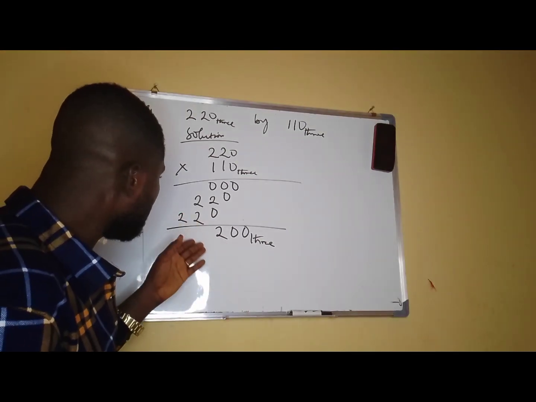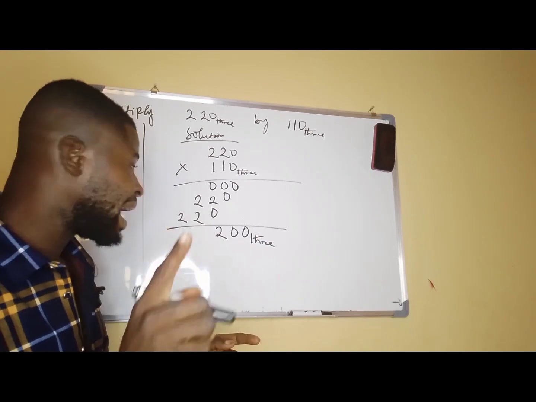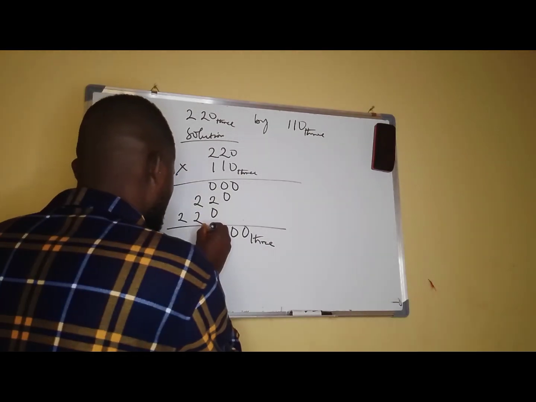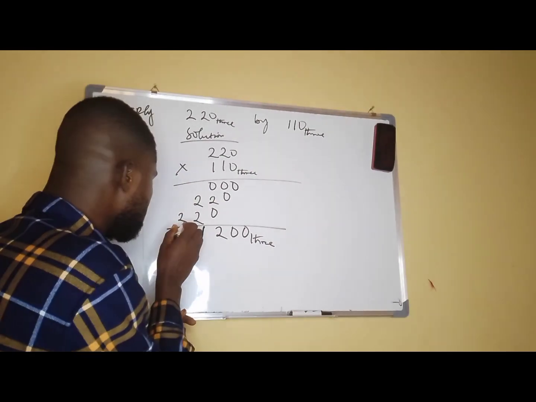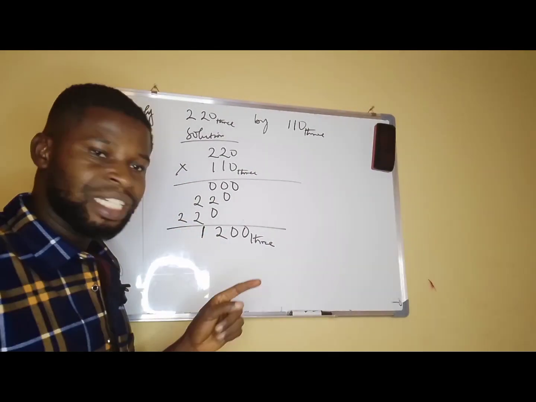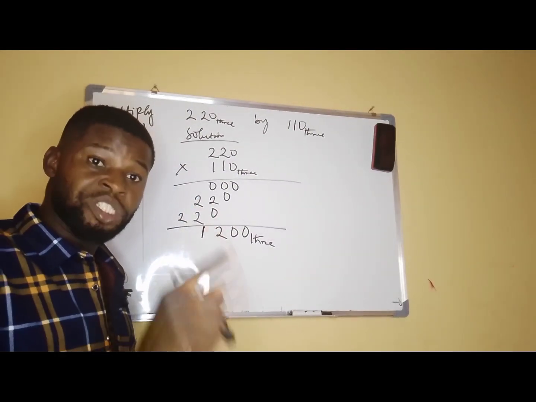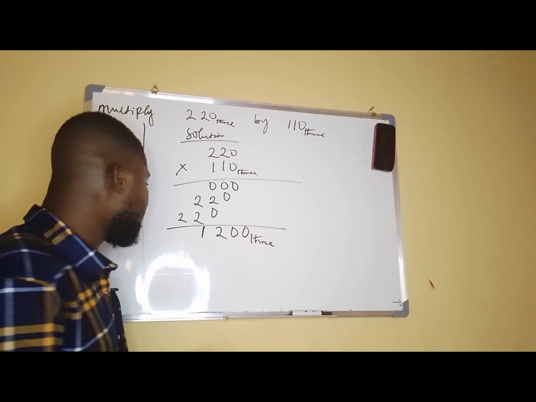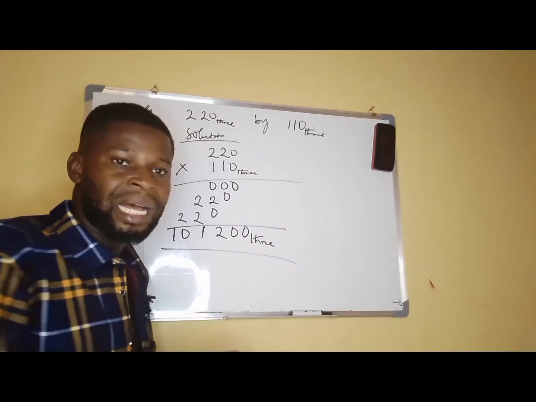Now 4 divided by 3 will give us 1, remainder 1. Right? 1, carry 1. Add the 1 to these 2. It will now be equal to 2 plus 1 is equal to 3. Now 3 divided by 3 will be equal to 1, remainder 0. And here is the final answer.